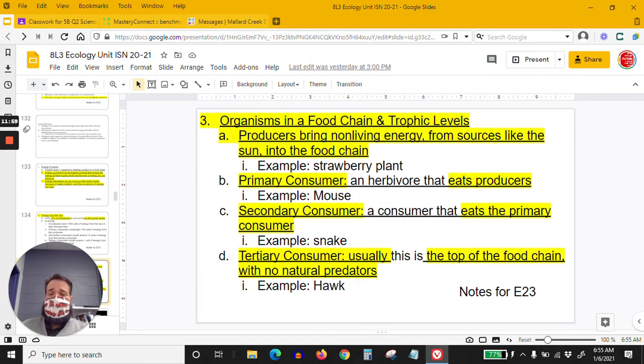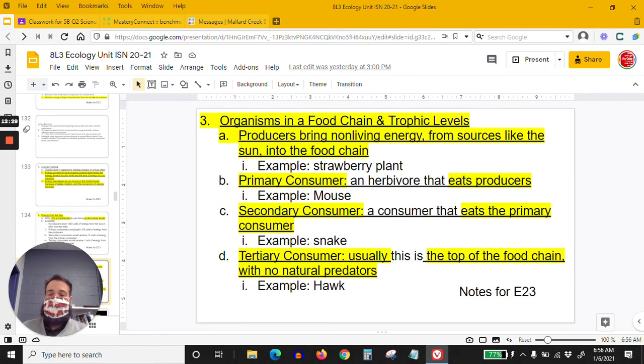Okay? Now the primary consumer is usually an herbivore or an omnivore that eats the producers. But a primary consumer in a food chain is always going to eat the producer. So if it's an omnivore, like say a rat that might eat grass, or it might eat a grasshopper, it would be a primary consumer when it ate the grass.